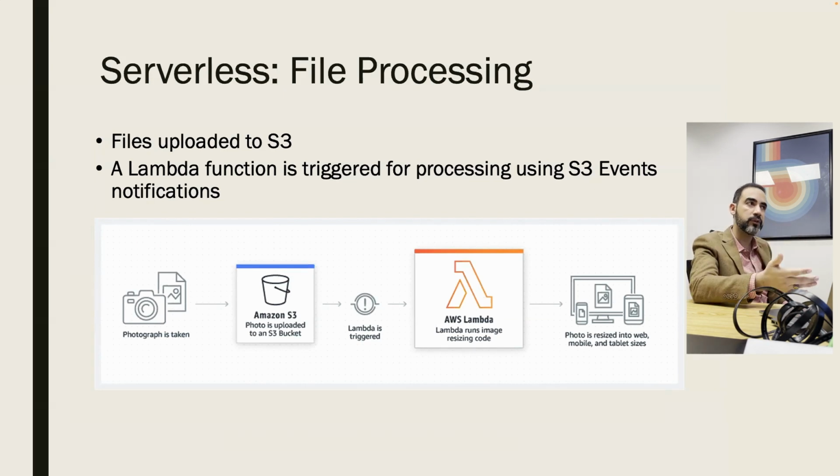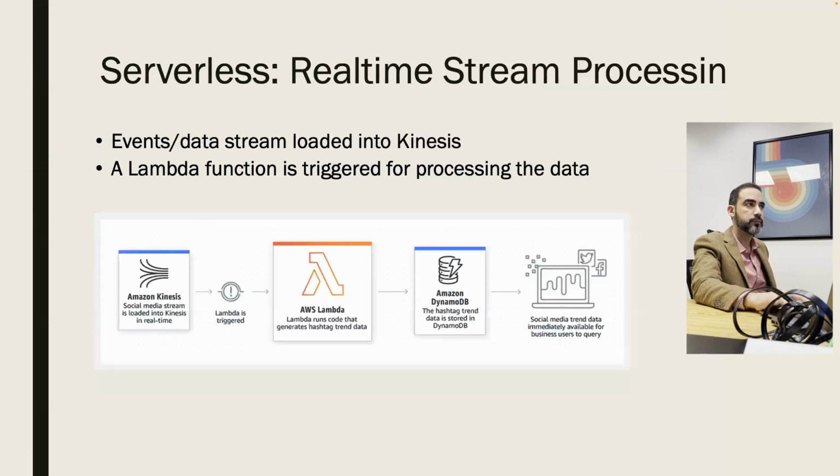Now that notification could be a Lambda function, it could be an SNS topic, right? And there are a few other targets which are supported. So in this case, we are invoking a Lambda function, and then the Lambda function is processing the file. So that's how you could build a file-based processing application using serverless services within AWS.